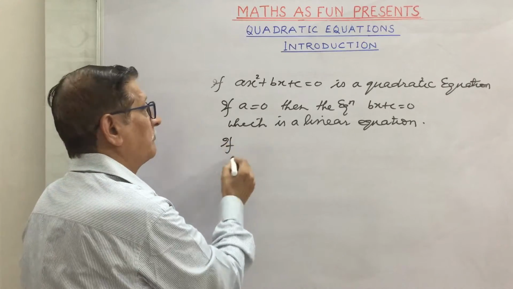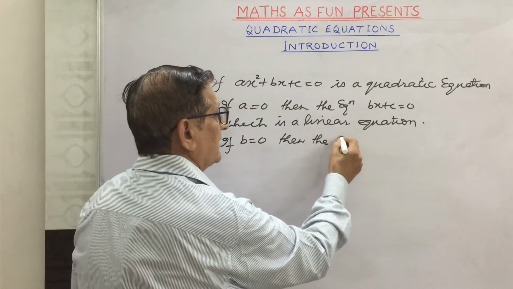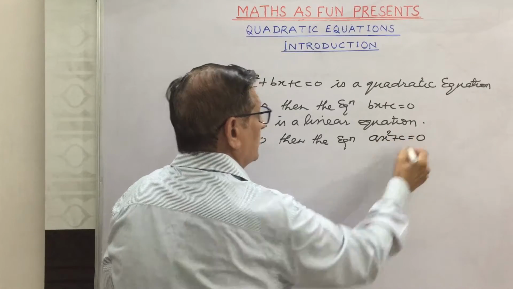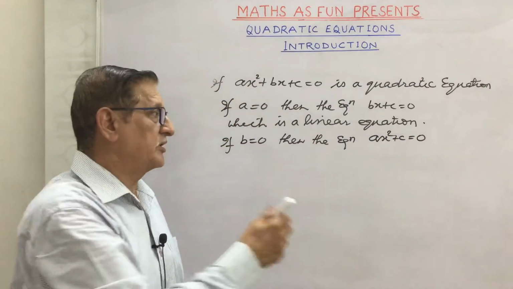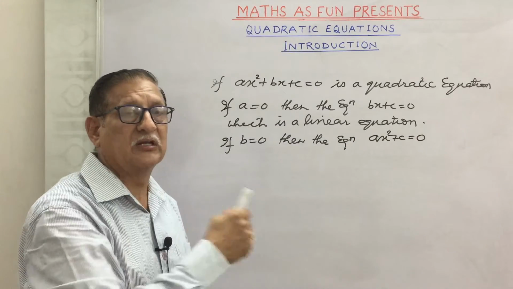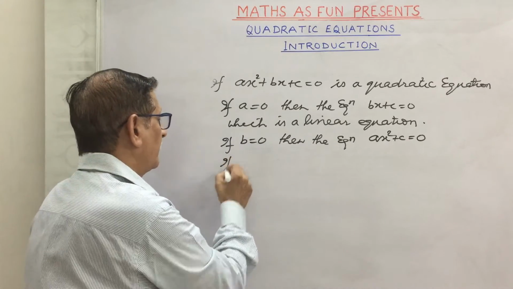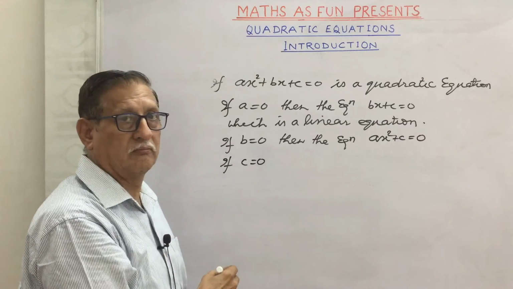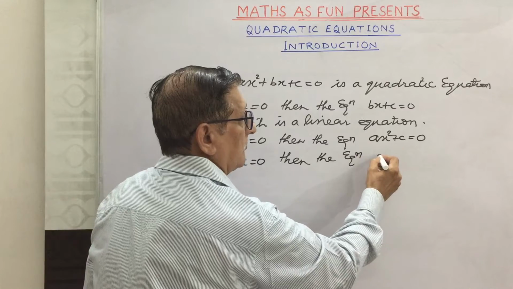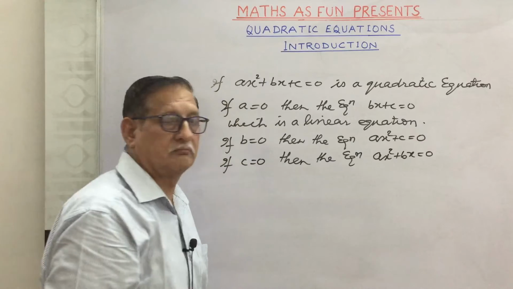If we have b equal to 0, then the equation will become ax² + c = 0. So in case we have the term with x² and a constant only, we will consider that b is equal to 0 there. And if we have c equal to 0, then the equation will become ax² + bx = 0.